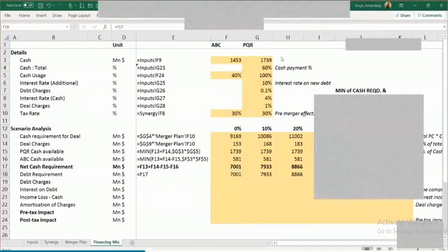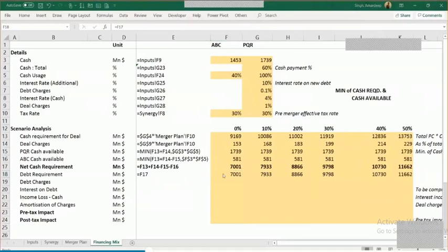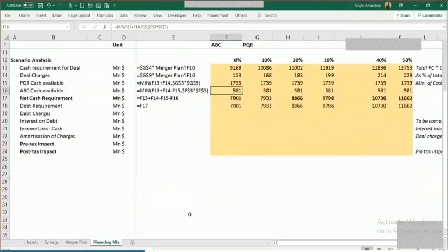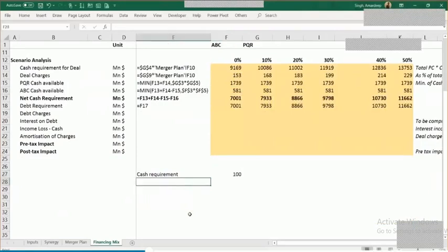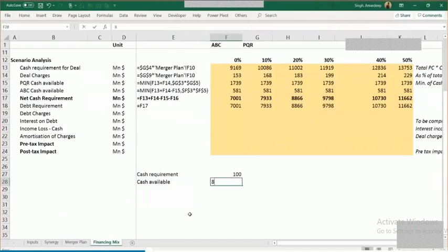Min formula, what is that doing? So this min formula is basically trying to decide the amount that I actually need to use. So look at this. If the cash requirement is 100 and cash available is 80, then what is the amount of cash which is used? That will be 80, right?